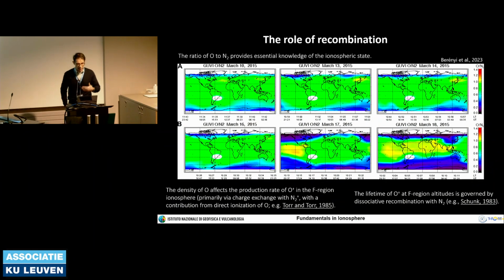So if you want to know about the chemistry that is changing the status of your ionization, you have to keep track of the ratio between the oxygen and the molecular nitrogen.